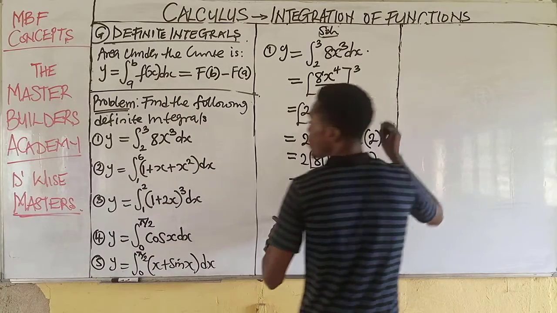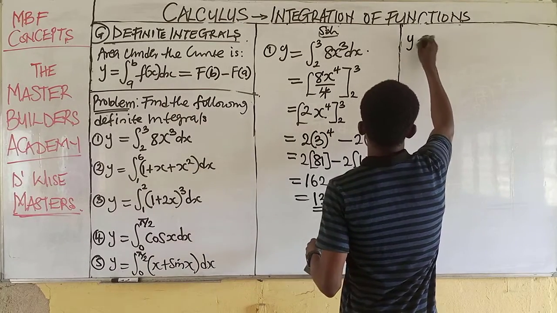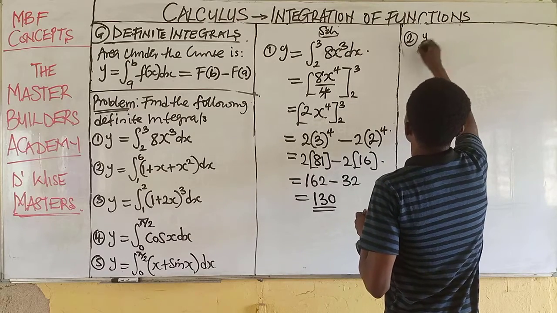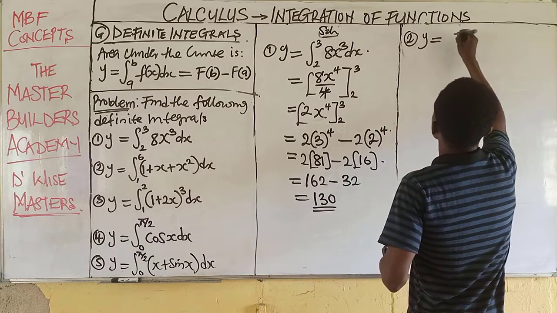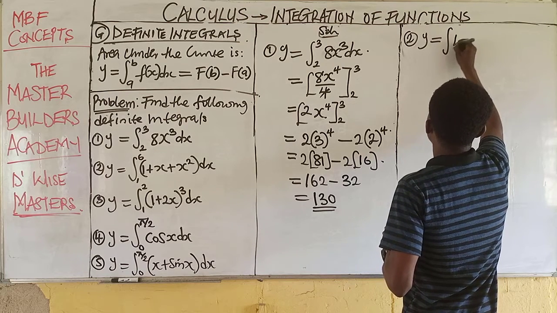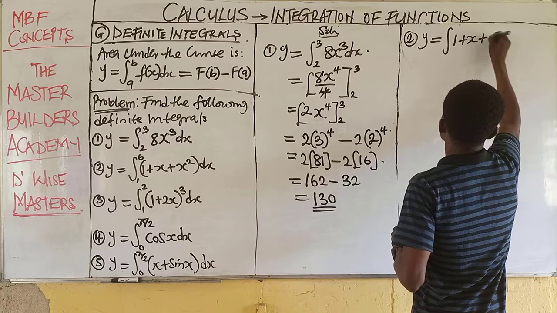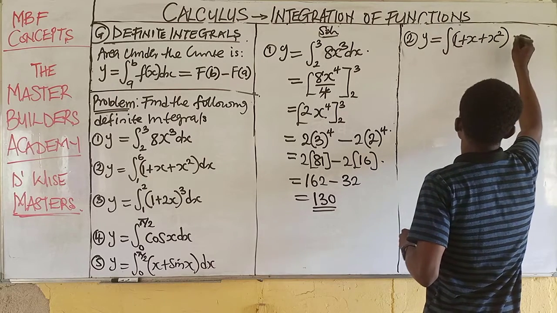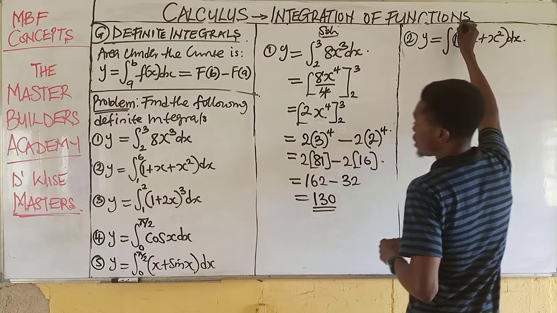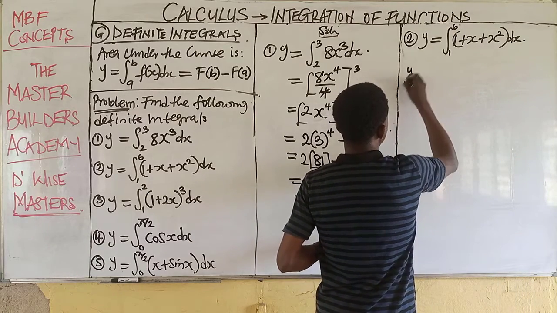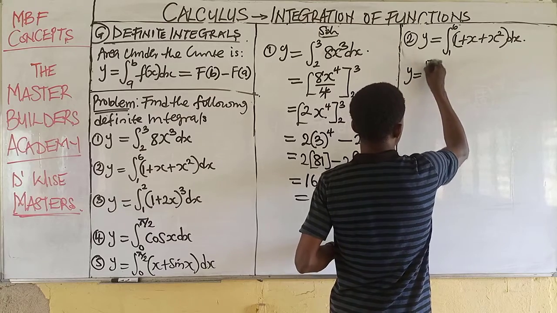Question number 2, we have that y is equal to the integral of 1 plus x plus x squared dx. And this limit is 6, while this one is 1. So first, we integrate this function.